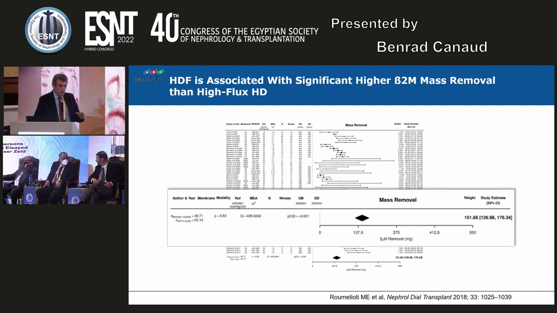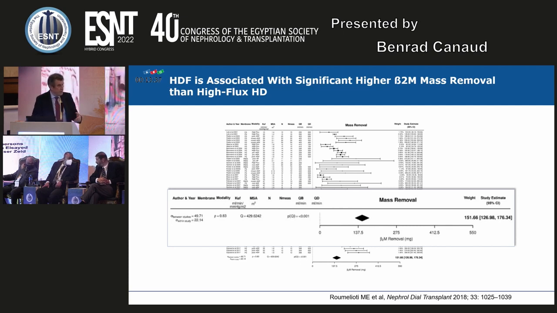It's not sufficient to correct the beta-2M concentration, but still, if you multiply by the 3 sessions, it's almost 450 or 500 milligrams that you are removing per week.